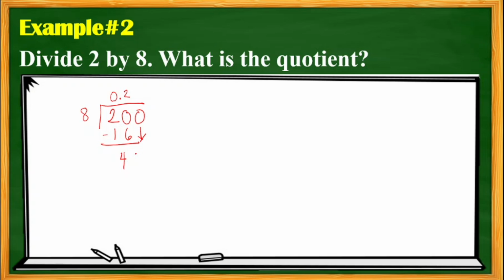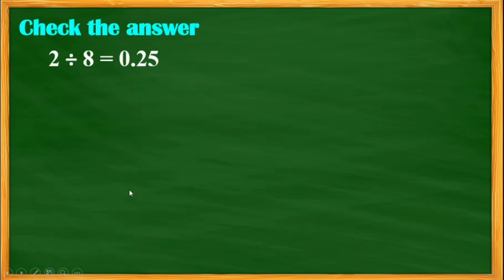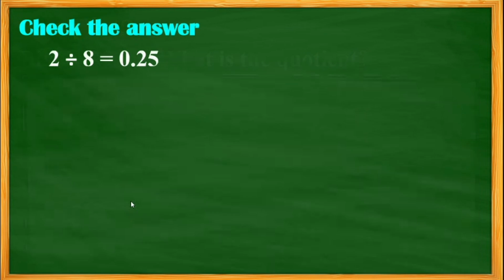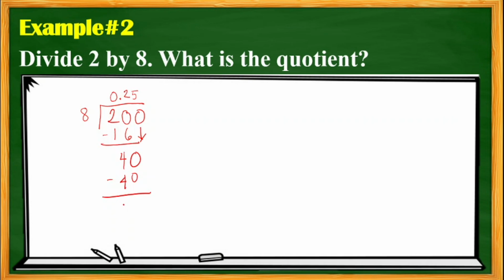So bring down 0, it becomes 40. 40 divided by 8 is 5. And then 5 times 8, the answer is 40. Subtract, and 0. So the answer is 25 hundredths.